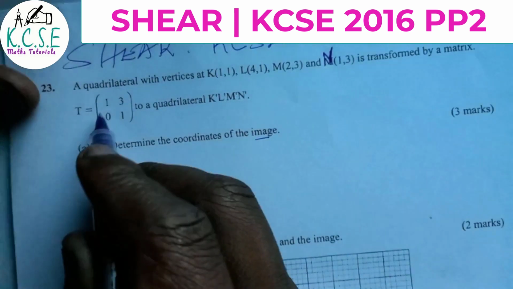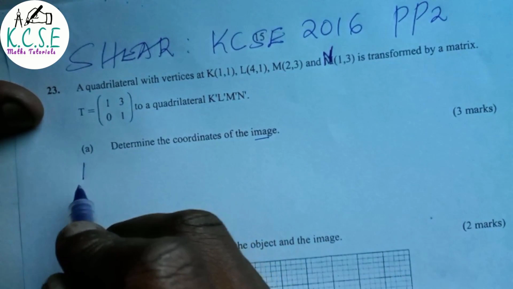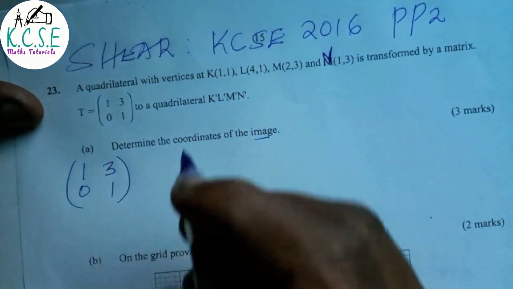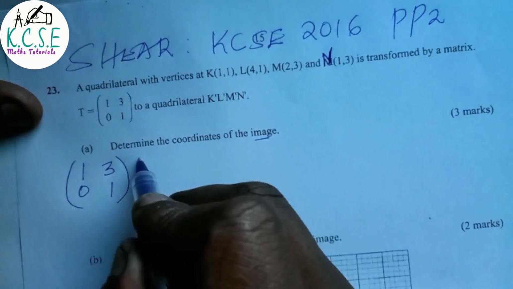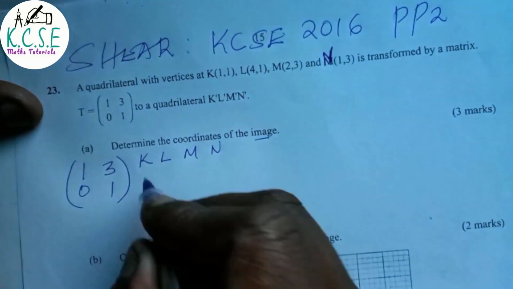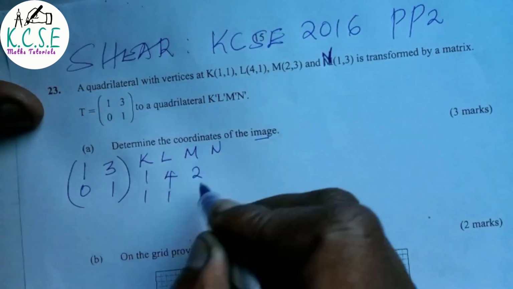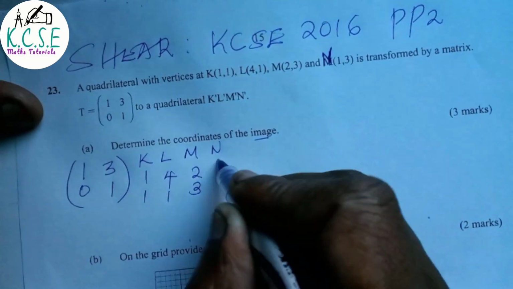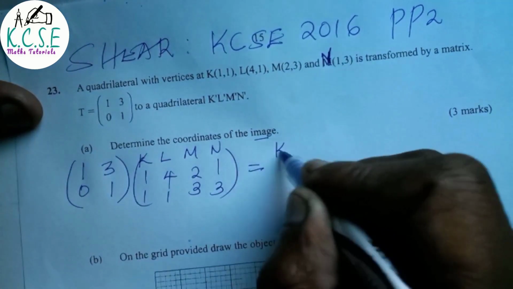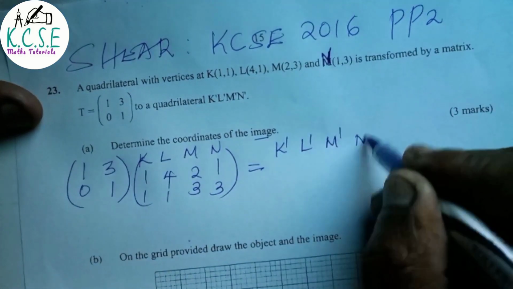This is what we mean. We start with the matrix T, 1, 0, 3, 1, and then multiply by the object KLMN, which is 1, 1, 4, 1, 2, 3, and 1, 3. And this should give us the image K'L'M'N'.